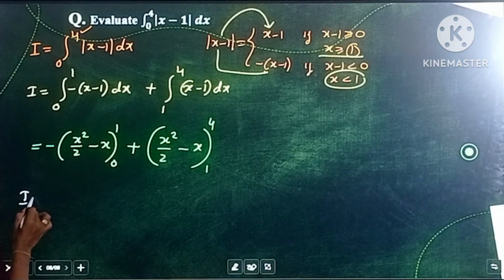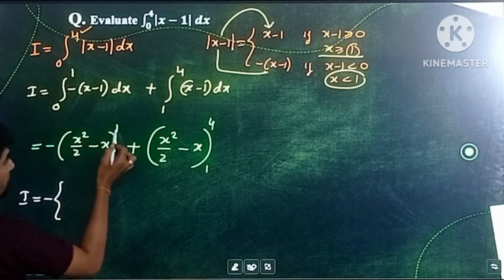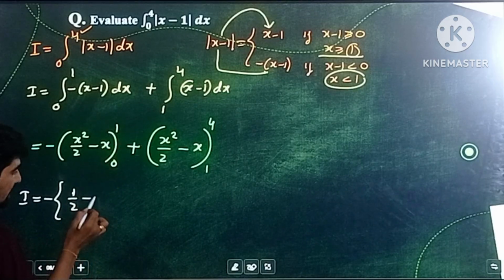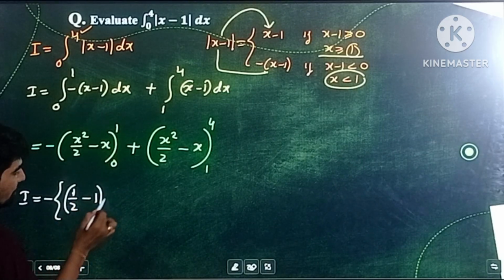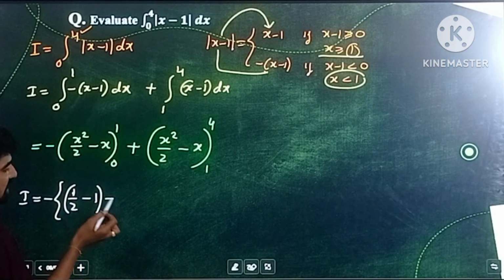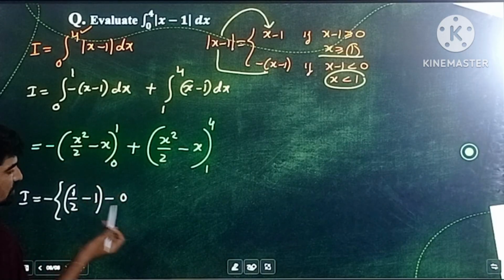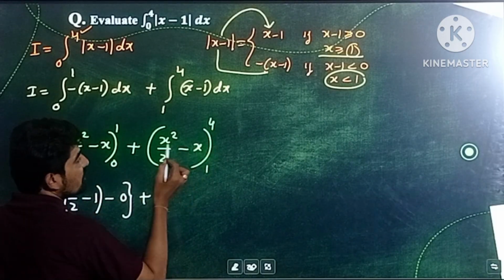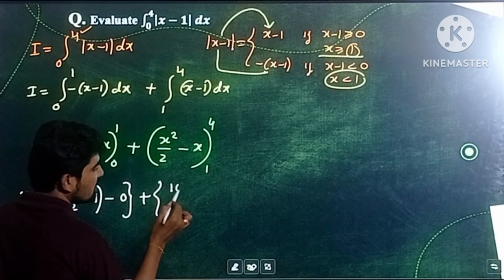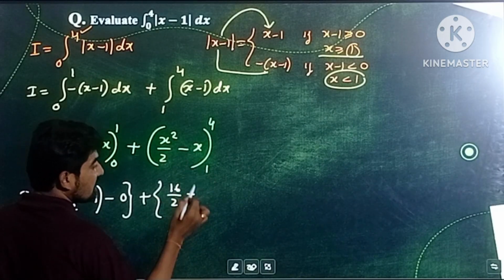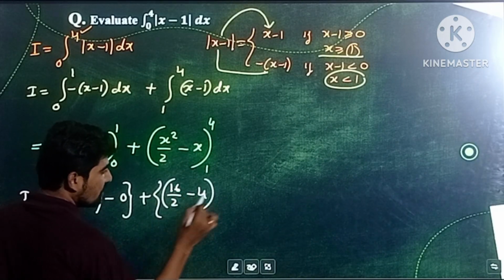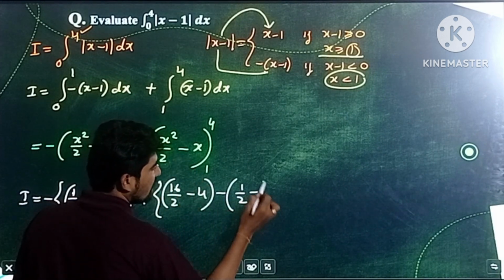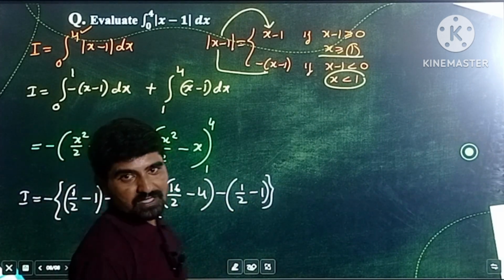I is equal to minus of, upper limit is 1, 1 square is 1, so 1 by 2 minus x is 1, upper limit minus lower limit is 0, 0 by anything is 0, minus 0, so 0, plus same thing here also, upper limit is 4, 4 square is 16, so 16 by 2 minus 4, upper limit, minus lower limit, 1 square is 1, 1 by 2 minus 1. I hope all of you understood.